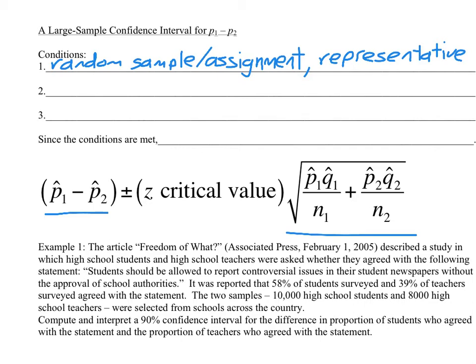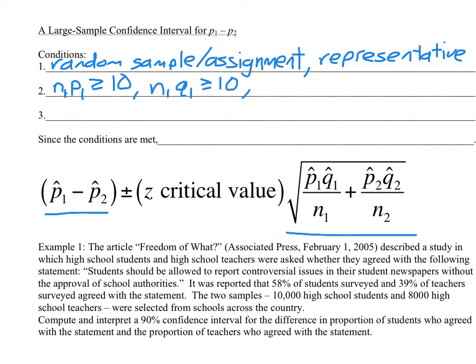Okay, condition 2. Same as before. NP has to be greater than or equal to 10, but there are two samples now, so we're going to make this N1P1. And then you also have to do it with Q. N1Q1 has to be greater than or equal to 10.